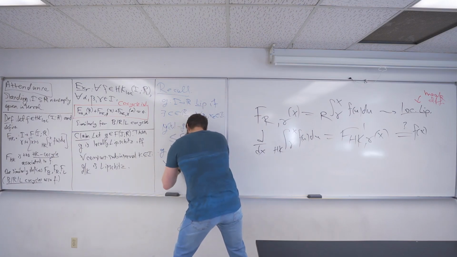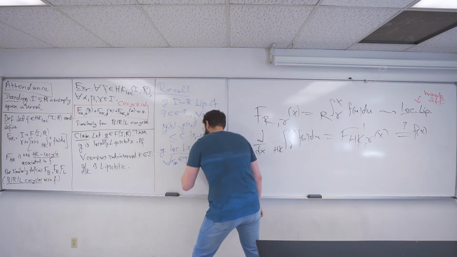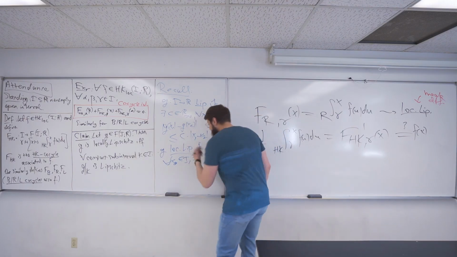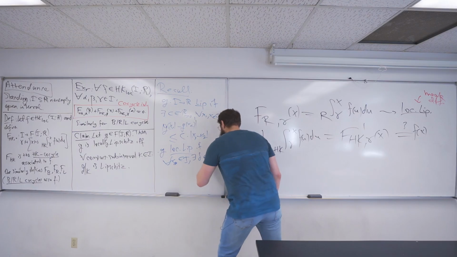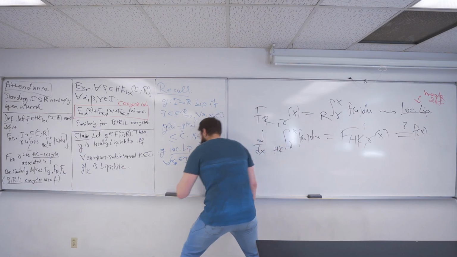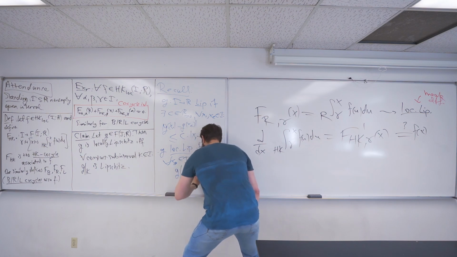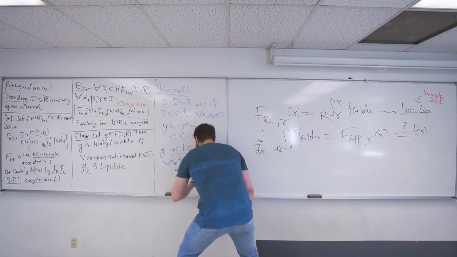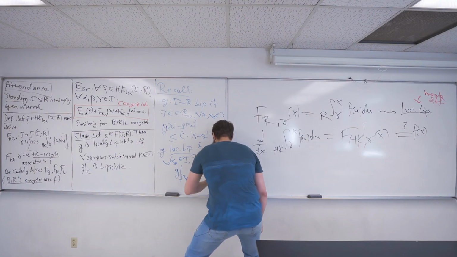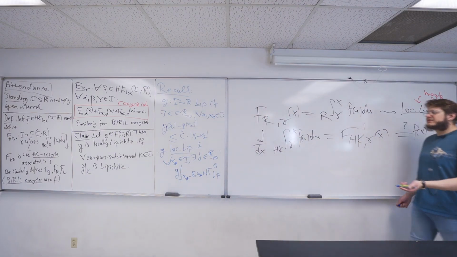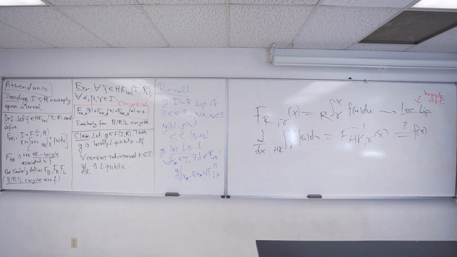For any x star in I, there is a delta that in principle depends on x star, so it's a gauge if you want, such that g restricted to [x star minus delta, x star plus delta] is Lipschitz. That was how we defined local Lipschitz property.